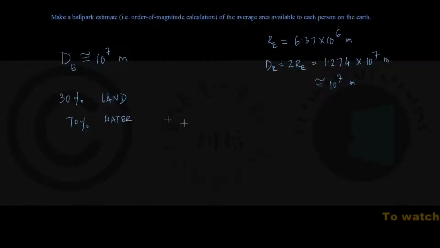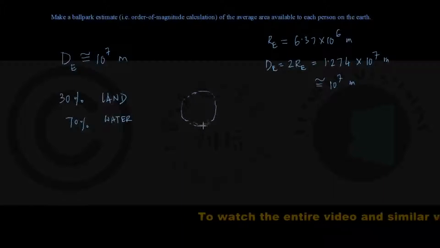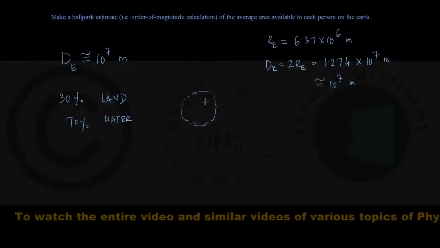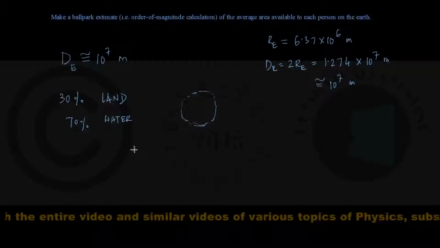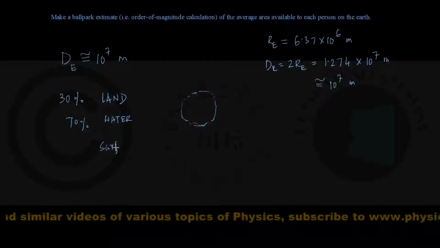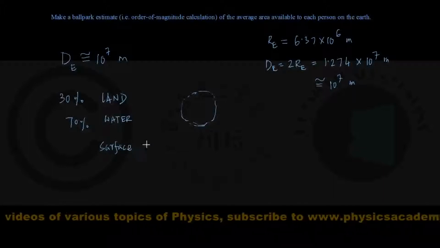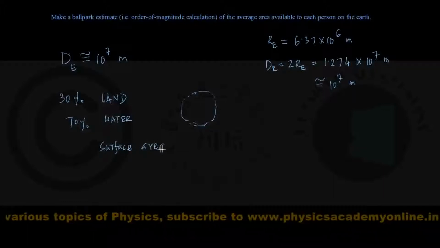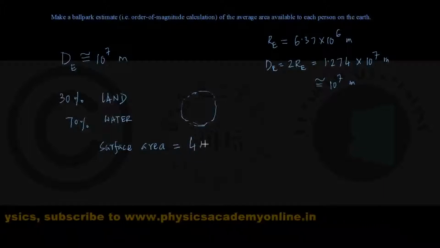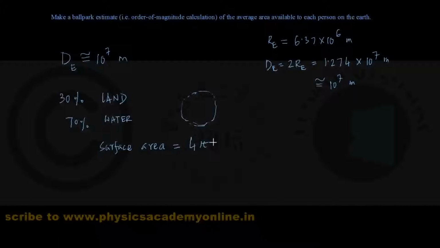Since the earth can be approximated as a spherical body, the first formula required is the surface area of the earth. This is a sphere and we have the diameter of this. So the surface area of the earth, approximating it to be a spherical body, for a sphere is given by 4 pi r square.